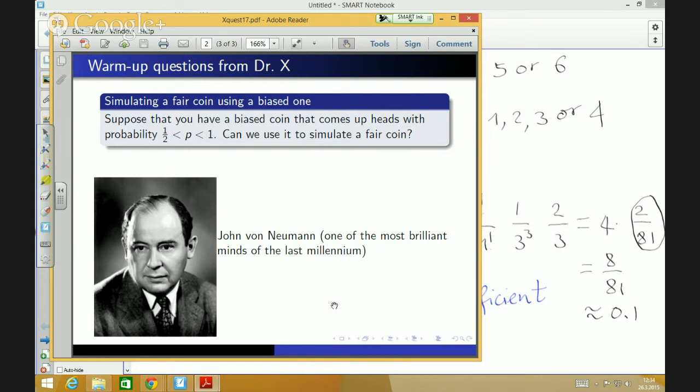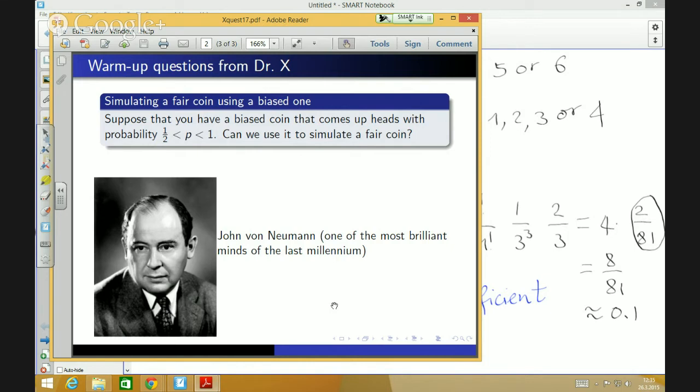Now, you're computer scientists, and you want to simulate the behavior of a fair coin using this unfair one. What I mean is that you need to come up with a simple protocol that uses this unfair coin, and you don't know what the probability with the unfairness of the coin is. You just know it's unfair.